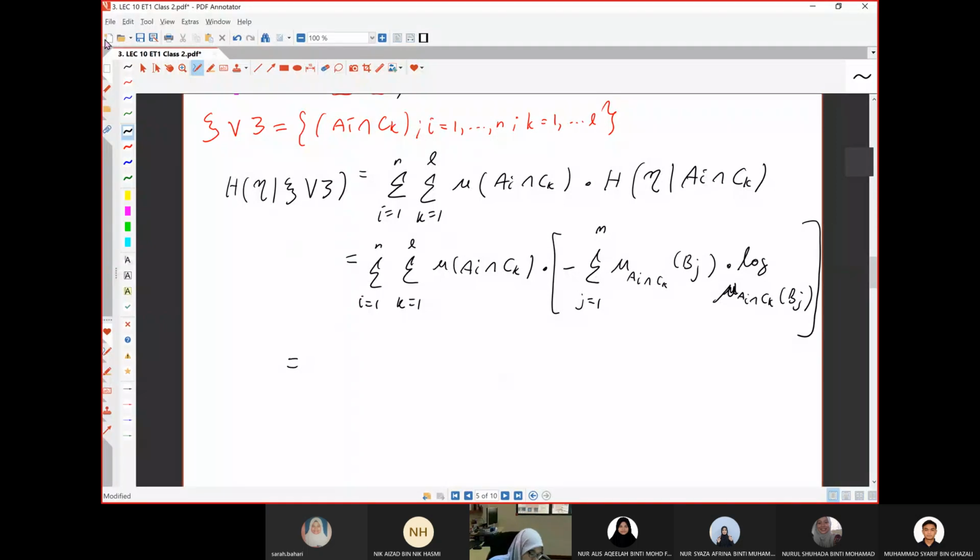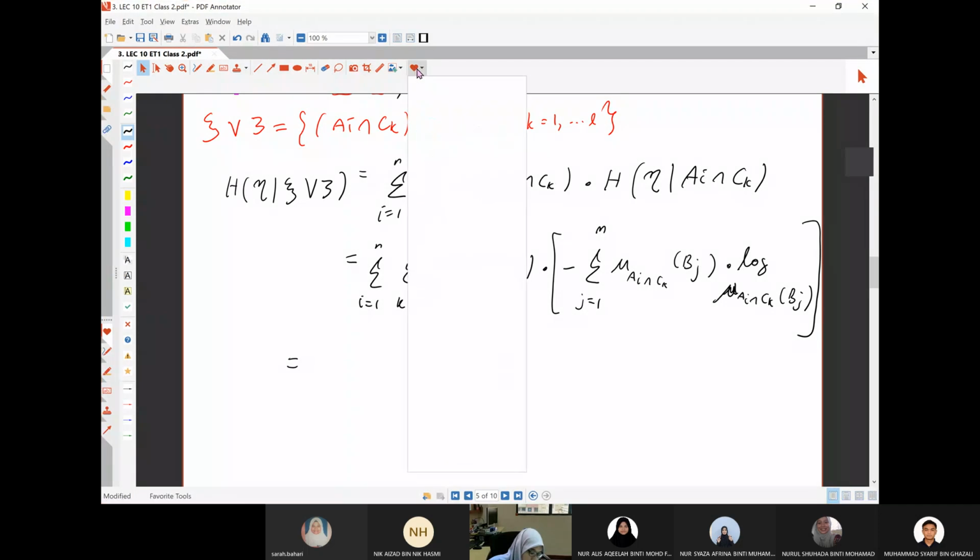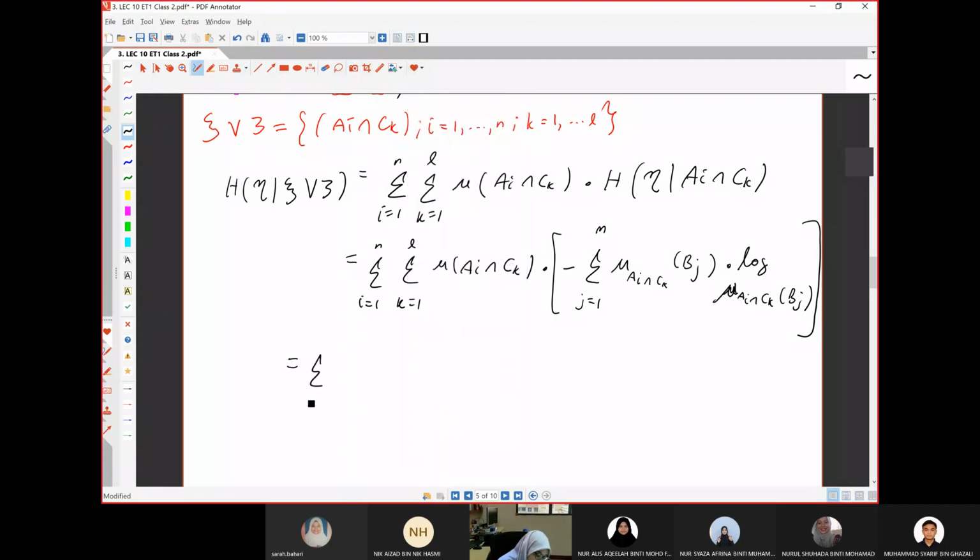Now I can simplify or collect all the sums. So 1, 2, 3, you got 3 sums over here. You collect them all and write here, so I have 3 sums: i, and then k, and then j, of mu. For this mu, what do you have?